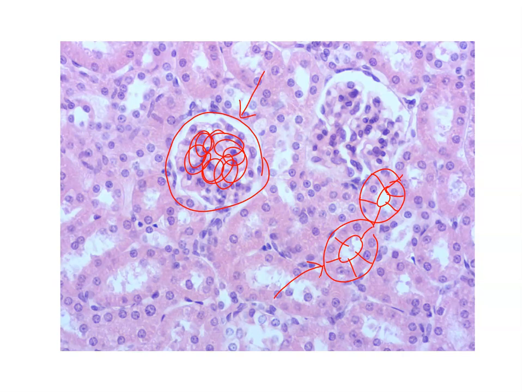So we secrete out waste products such as urea and other things, and we absorb things that we need such as water, important ions, glucose, all the things that the body needs. Of all the blood that is being filtered by our kidneys, only about 1% actually forms urine. So we do a lot of absorption of the things that we need, and only 1% gets secreted out and forms urine.